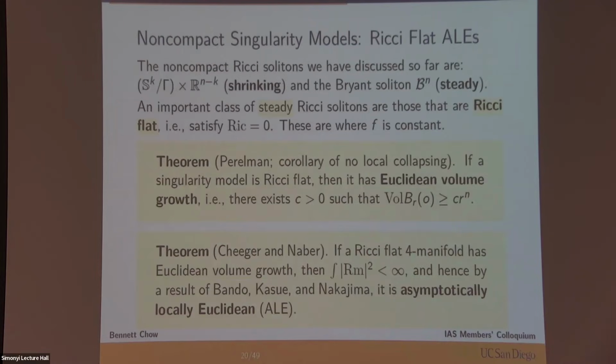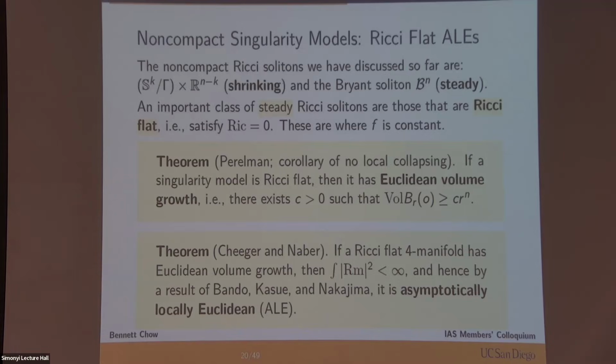Okay, so I'm now going to look at non-compact singularity models, and so let's look at Ricci-flat ALEs. We can think of it this way. We're looking at both shrinking and steady solitons. So a steady soliton would be (M, g, f), where Ricci plus Hessian of f equals 0.